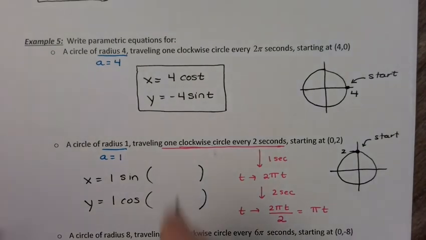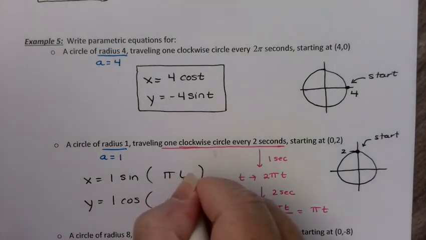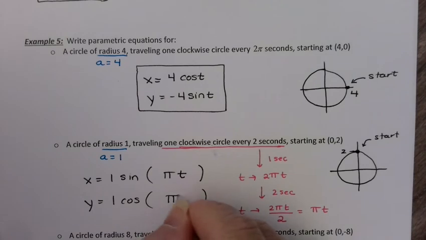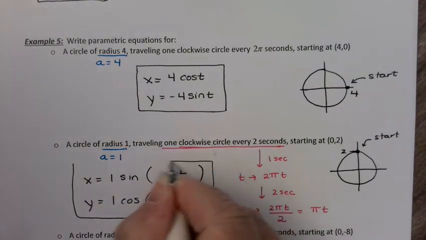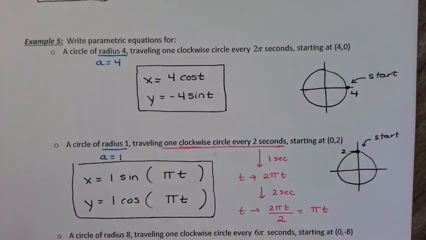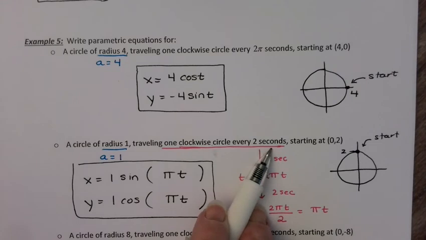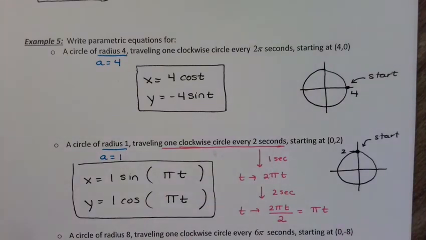So I'm going to say 1 sine pi t and 1 cosine pi t. Again, if you want to double check your reasoning, if you take the standard period of sine and cosine, which is 2 pi, divide by that number, pi, you should get the period, which we wanted to be 2 seconds. So we're good there.